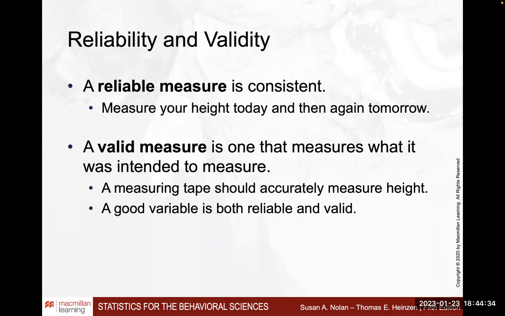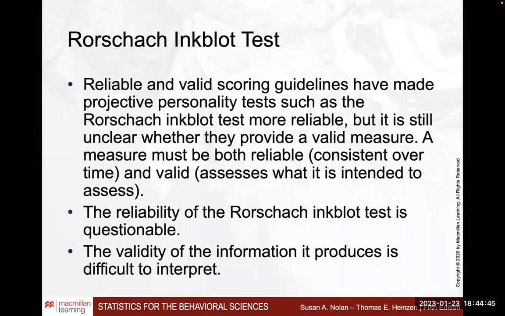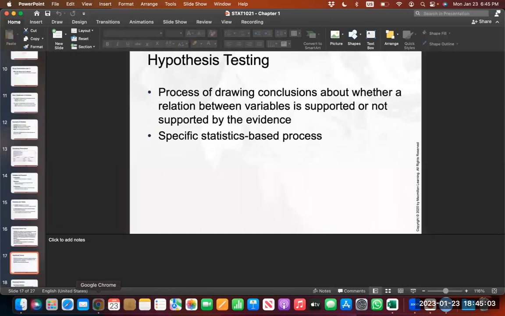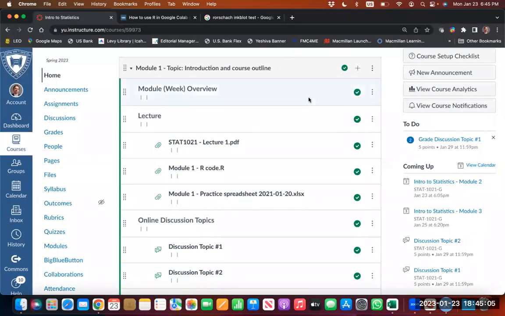Okay, but basically reliability and validity, repeatability, and the accuracy of the measurement. The perfect variable would be reliable and valid, clearly. There are tests out there, and an example that Nolan and Heinzen want you to know is the so-called Rorschach inkblot test, and I showed it the other class before. I am not qualified to say anything about it, but it's kind of suspect to me.